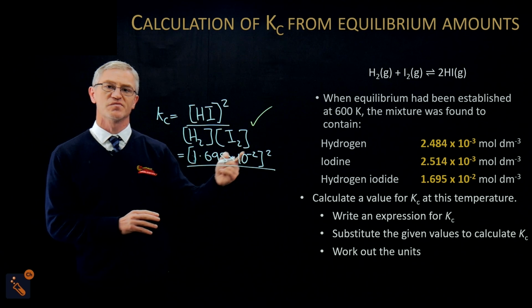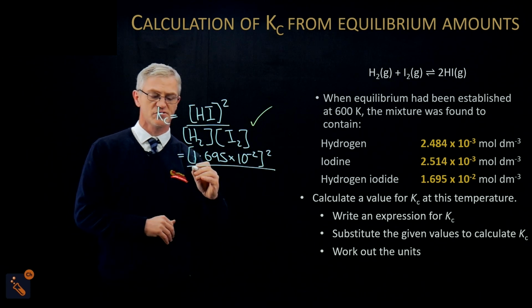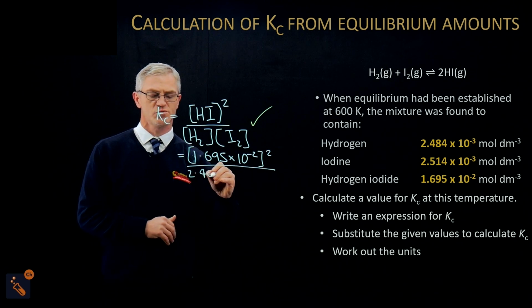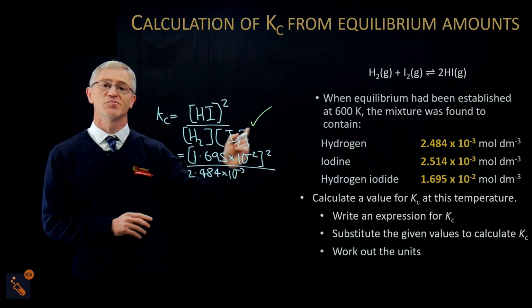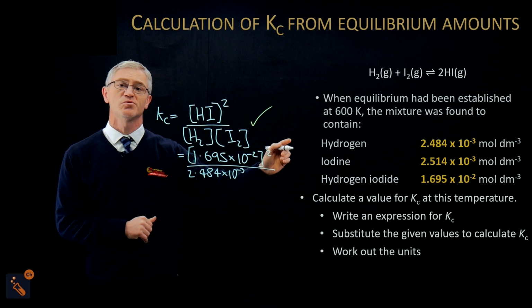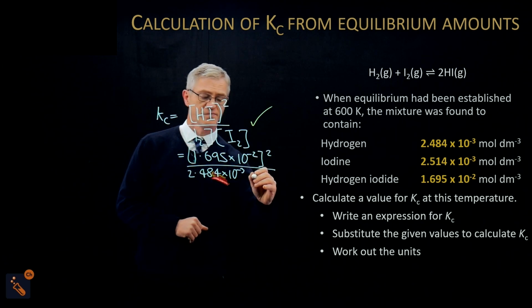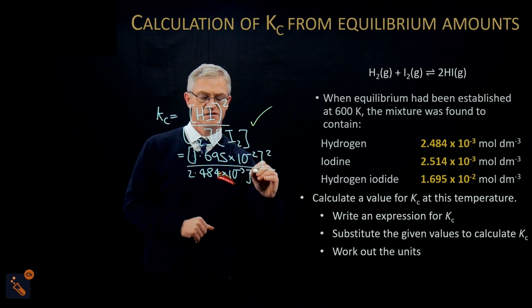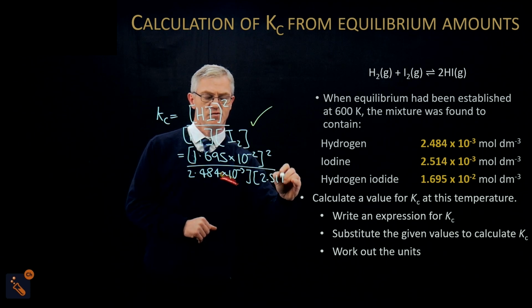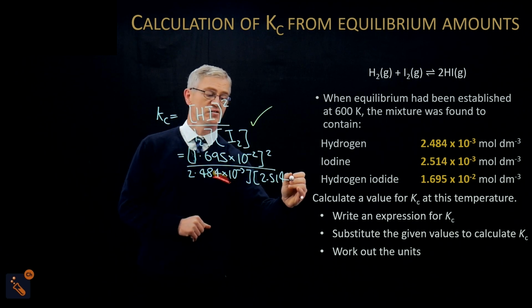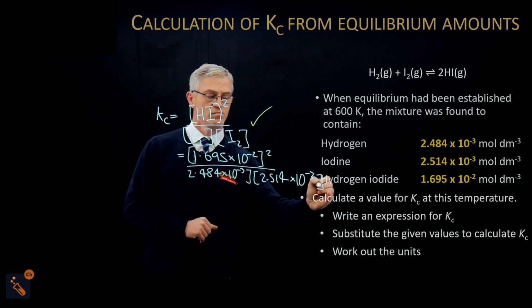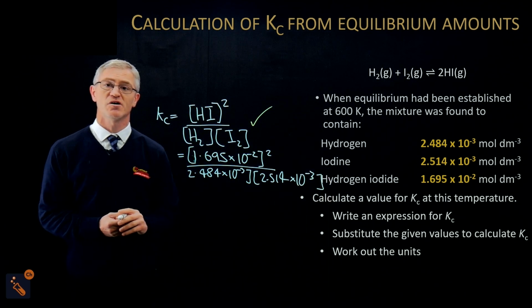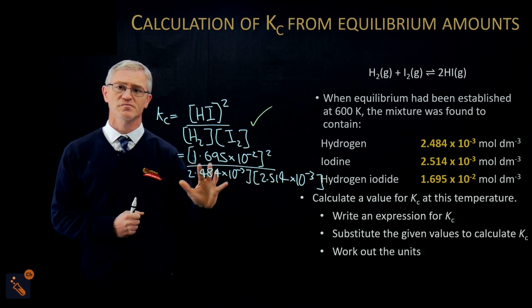And then we go for the reactants, and we've got the hydrogen first, 2.484 times 10 to the minus 3, and then we've got 2.514 times 10 to the minus 3. Okay, so we've put our numbers in, and that's all done.